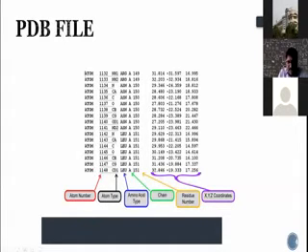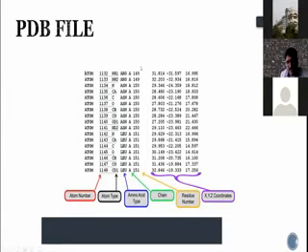And then the next crucial information is the XYZ coordinates. This tells where the individual atoms of that particular amino acid of that particular protein are located in 3-dimensional space. So this is the coordinate file, and that's why a PDB file is also called a coordinate file.